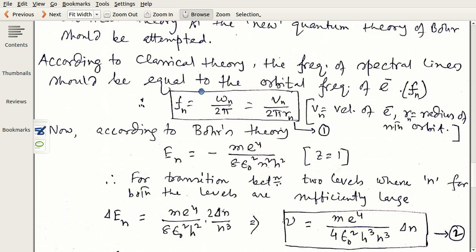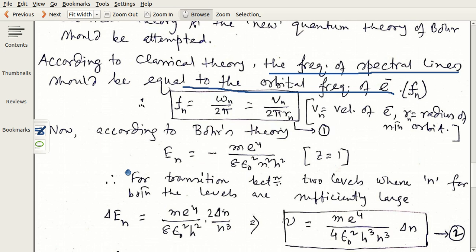According to classical theory, the frequency of the spectral line should be equal to the orbital frequency of the electron, because according to classical theory, when radiation is emitted, it is according to the frequency of oscillation, as we have seen also in Planck's theory.